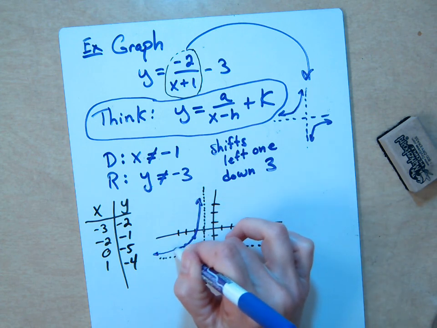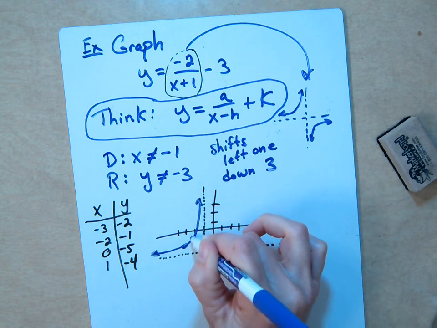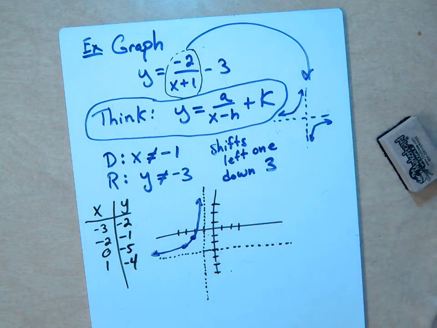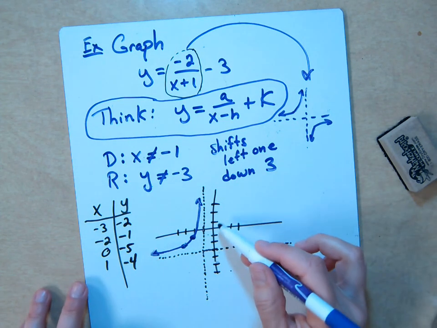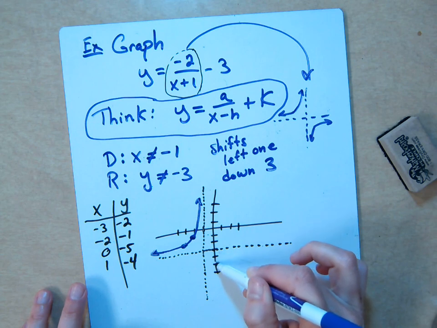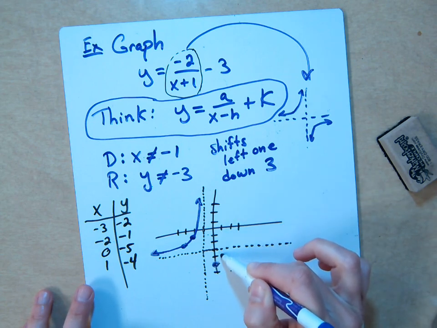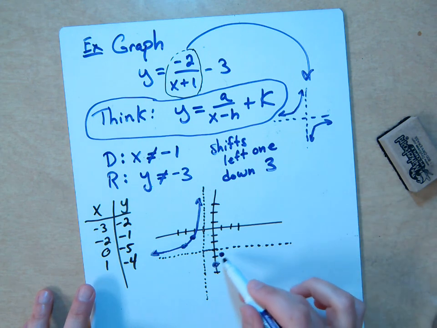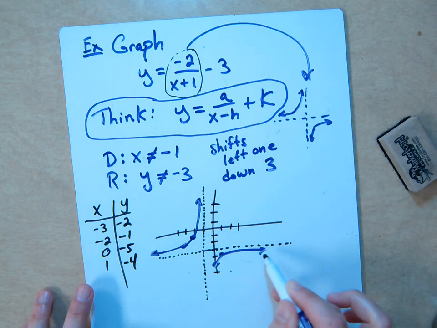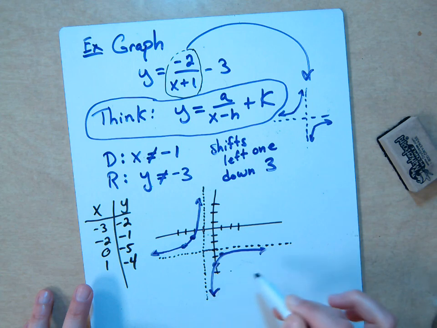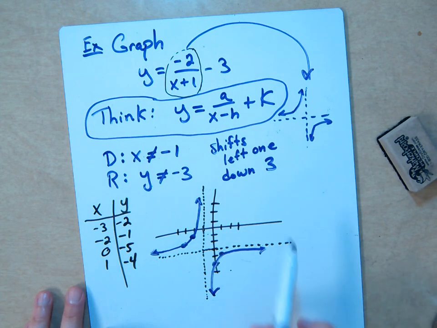Two points on each part is good enough. 0, -5 is right here. And 1, -4 is right there. You know they can't touch the asymptote, so you just get closer and closer. And there's the graph, and sure enough, it's shifted to the left 1 and down 3.